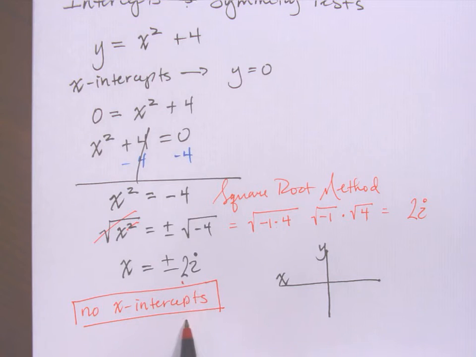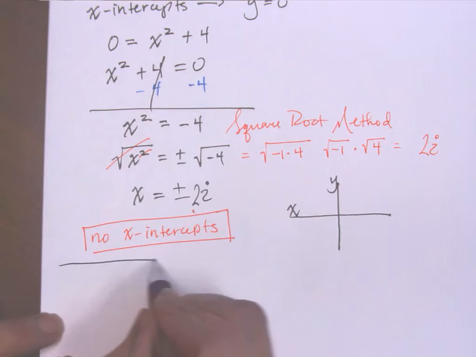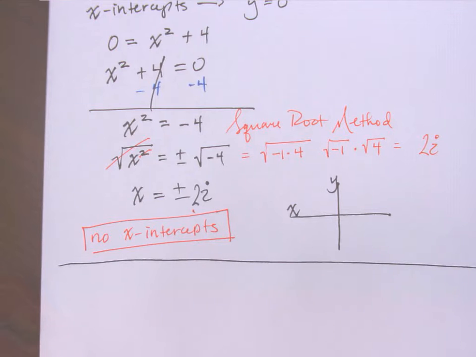You want to be able to tell your instructor you understood what happened here. Because it's imaginary, it's telling me that there is no crossing along the x-axis. That's my x-intercepts.